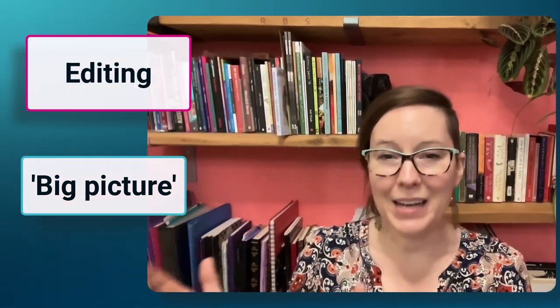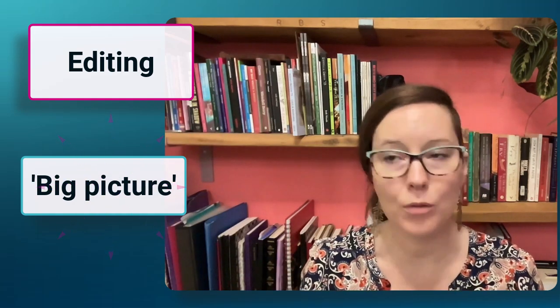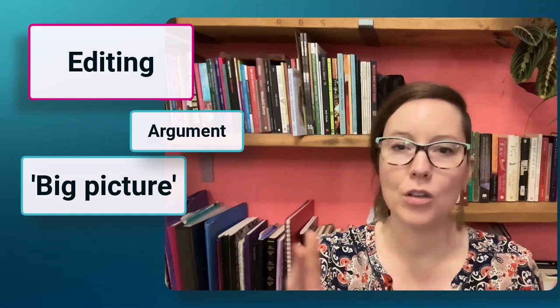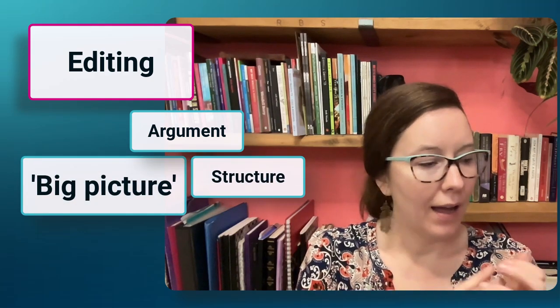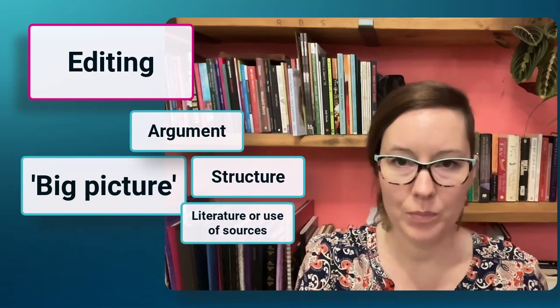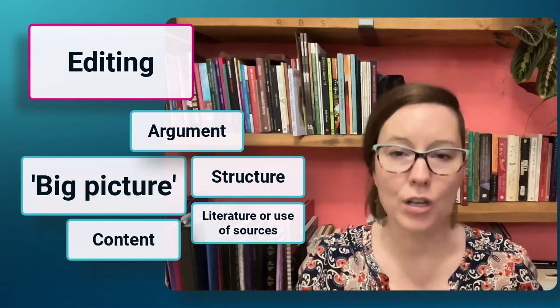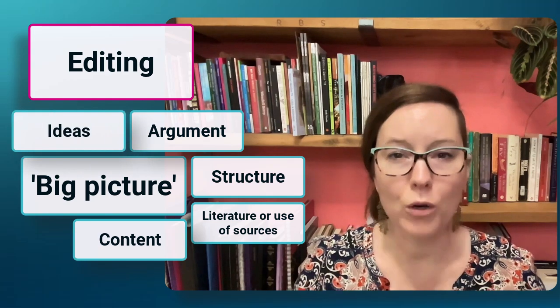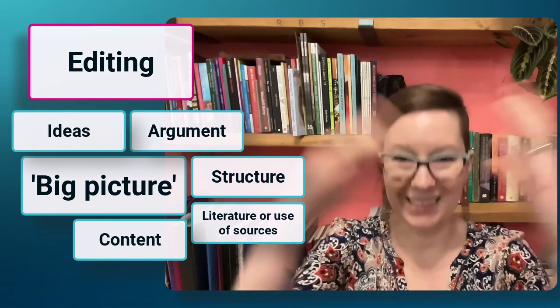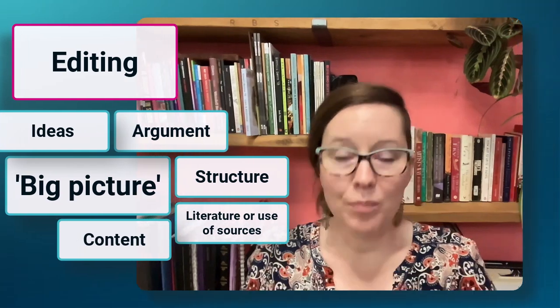The editing phase of writing is about the big picture ideas like your argument, your structure, how you're using sources, things like that. So it's related to your content, your ideas, what you have actually done in the kind of grand scheme of things.